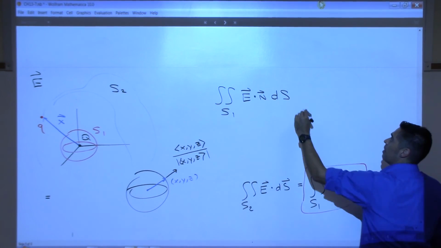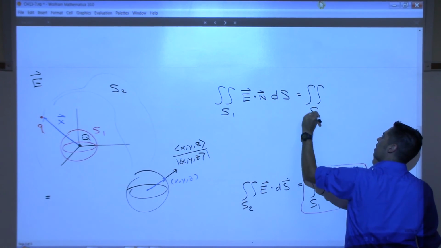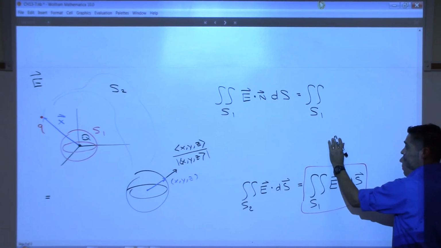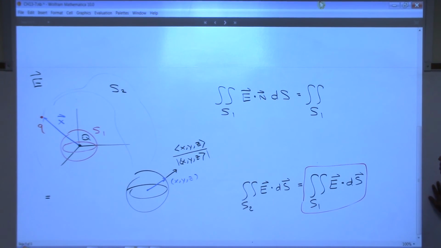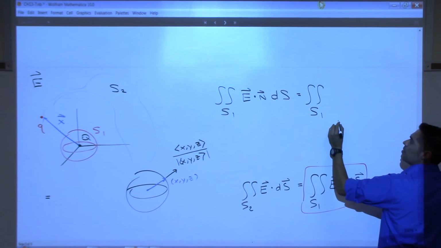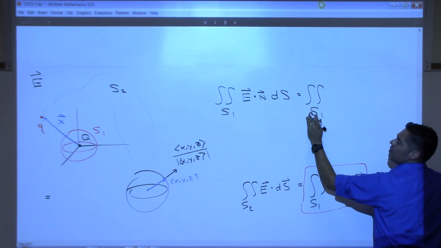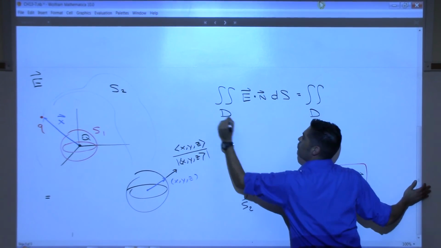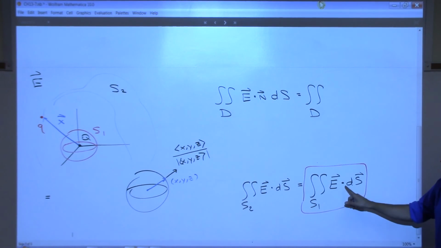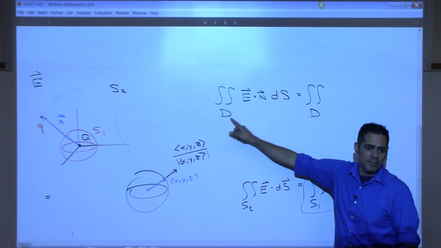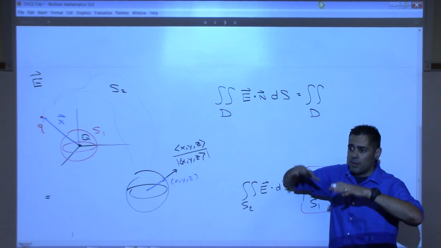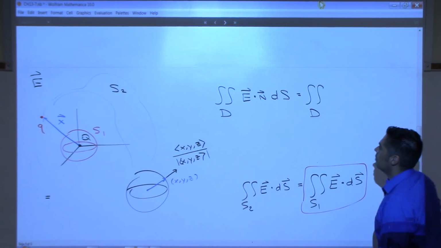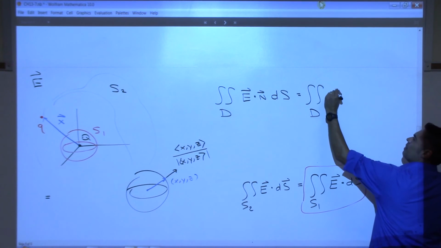All right, so I'm going to write this up here. This is equal to this. What is E? We had that down a second ago. By the way, this is D, sorry. In the formula, since I did the normal in there, this becomes D. D is the domain of the parameters that draw S. What was E?